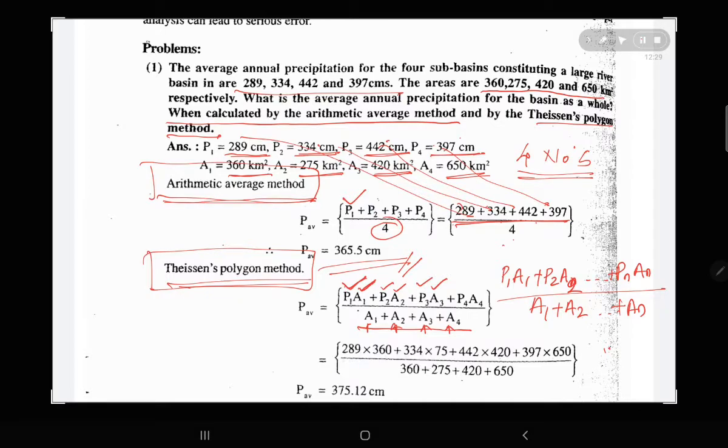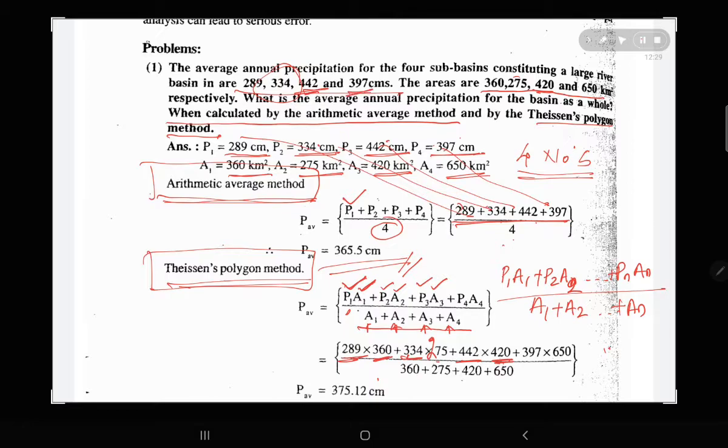Here we have 289 as P1 into 360 as the area A1. Next, precipitation P2 is 334 into the area 275. Next, 442 is the precipitation, 420 is the area.